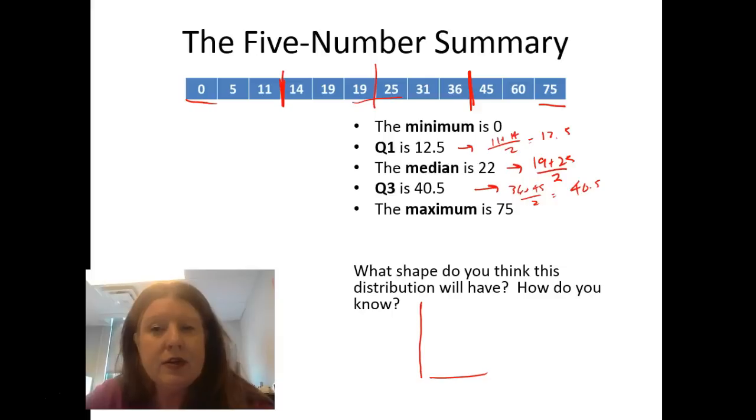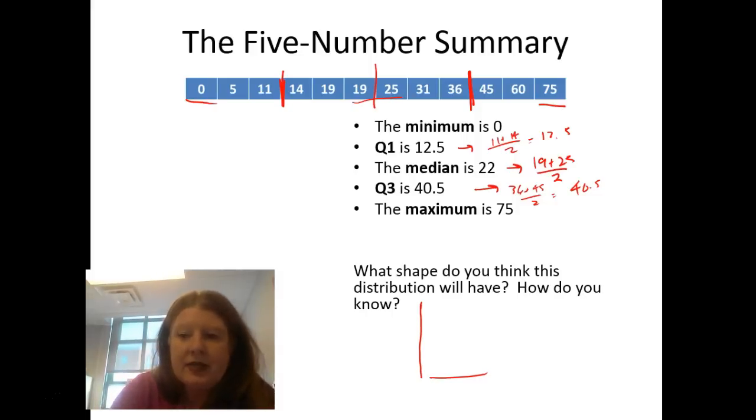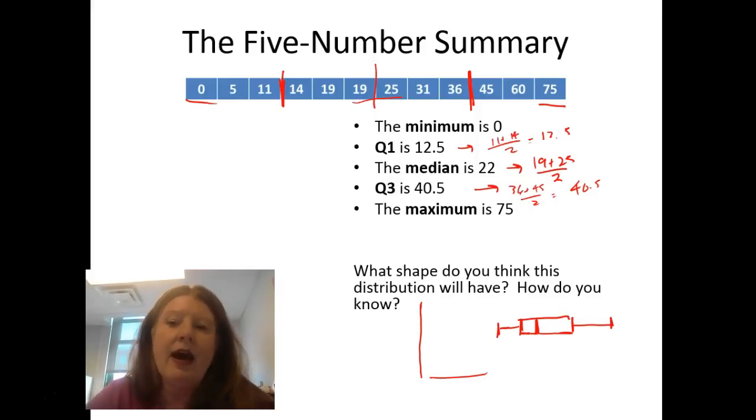So in other words, what I'm trying to say is we have our median, and I think I drew a picture of this somewhere. We have a case where our median is a little bit closer to quartile 1 than it is to quartile 3. It's closer to our minimum than it is to the maximum. So you're going to have a situation that looks a bit like this, and we know that's pointing out skewness to the right.